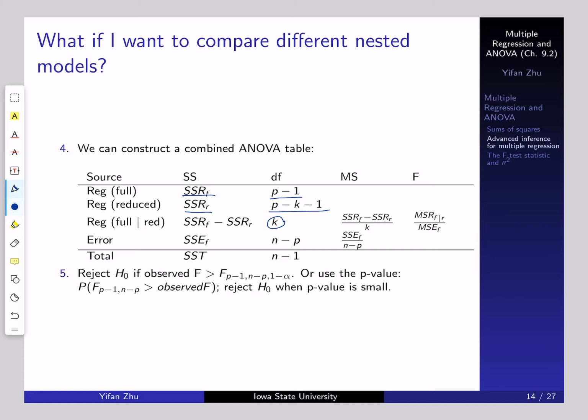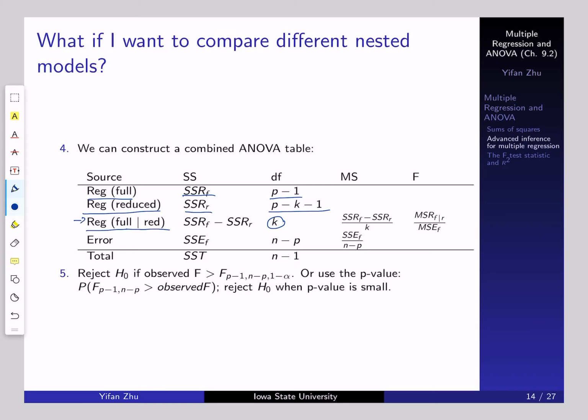So the source of variation for the sum of squares here is the full model, and the SSR_R is sourced from the reduced model. And the extra variation explained by the full model is sourced from the full model given the reduced model. So this is the extra variation.